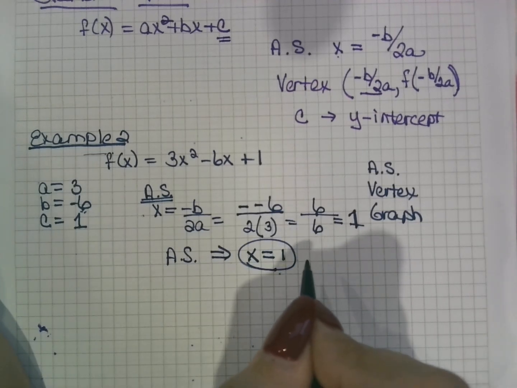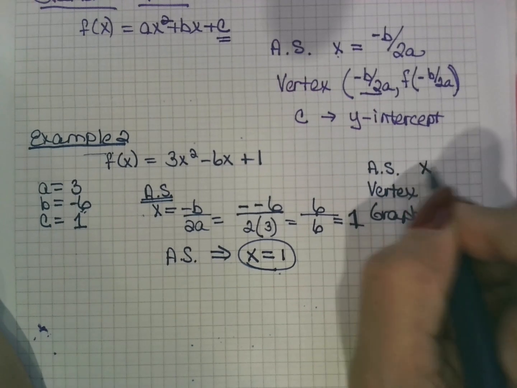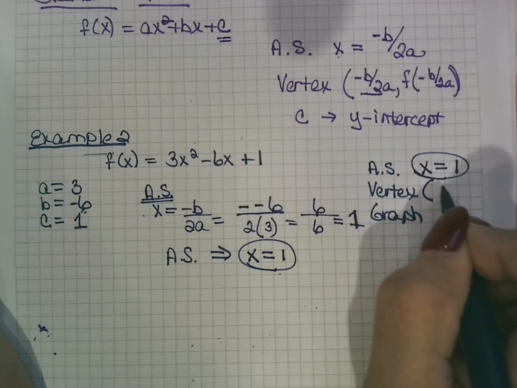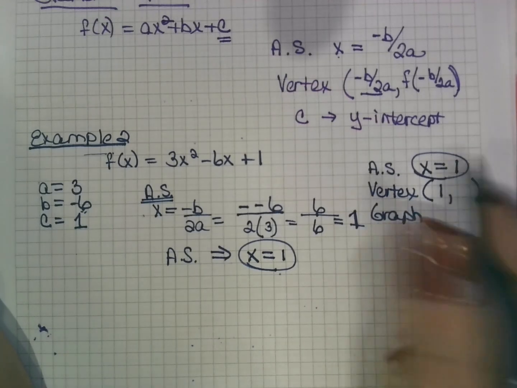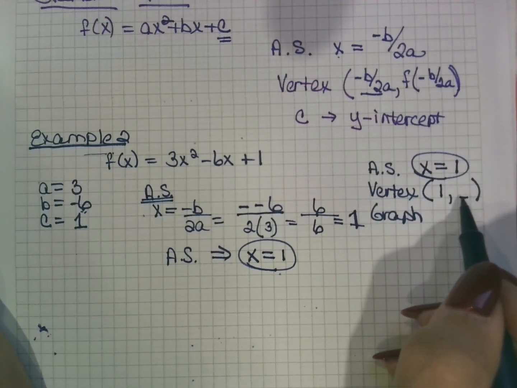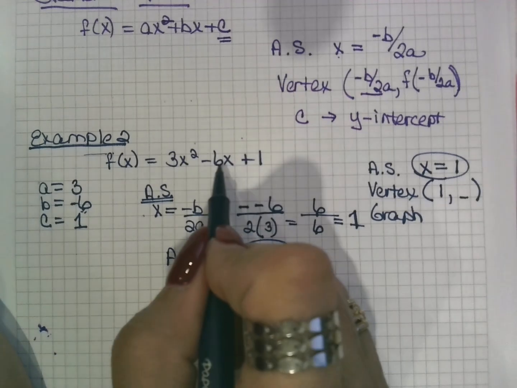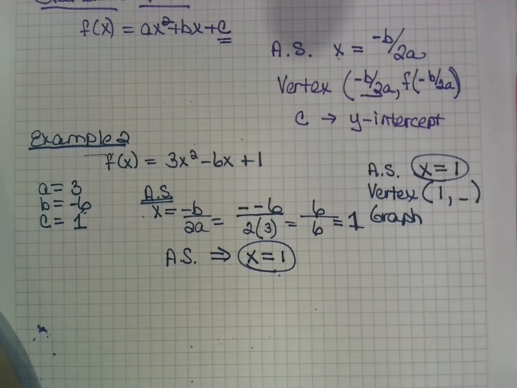Make sure you write the whole thing. x equals 1. That means my vertex is at 1 comma something. And the way I find that something is to go back to the original function and plug in a 1.